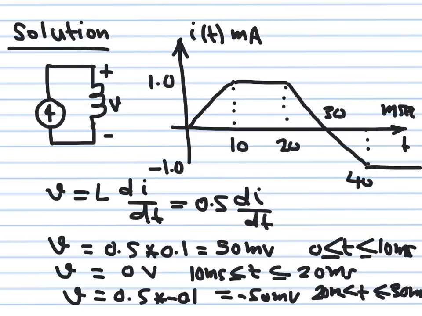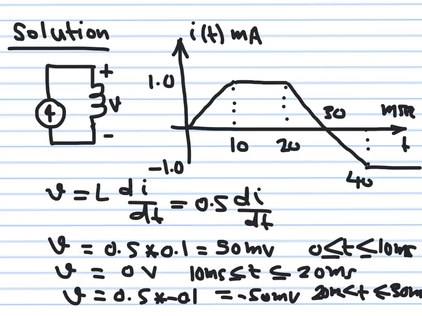Now between 20 and 40 milliseconds, the slope becomes negative. The current is decreasing. What is the slope here? It goes down from 1 milliampere to 0 milliampere in 10 milliseconds. Then the slope here is equal to -1 over 10, so it's equal to -0.1.